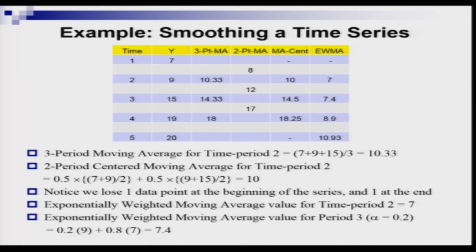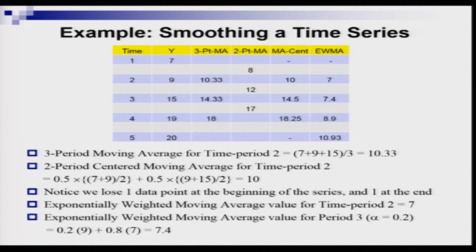If you wish, you can put a time reference, say 1.5, the midpoint of time periods 1 and 2, and place this 2-point moving average value 8 against time point 1.5. But in the original data set we do not have a time period 1.5. So there is a problem of mapping between the 2-point or even point moving averages and the time periods given in your data set. To resolve the issue, we make use of the concept of centered moving average.